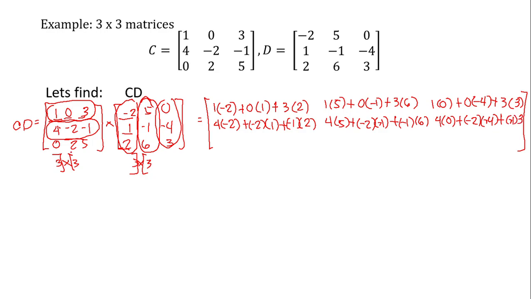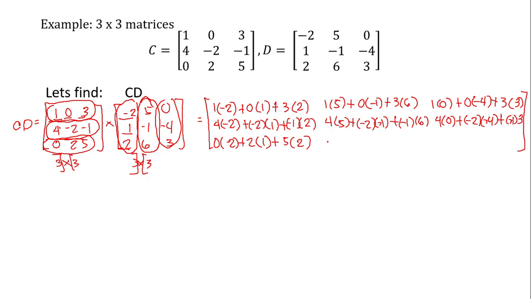Okay? Then next, third row and each of the column that we have. So, diretso lang tayo. So, we have 0 times negative 2 plus 2 times 1 plus 5 times 2. Okay? Huwag malilito ha. Next is third row, second column.